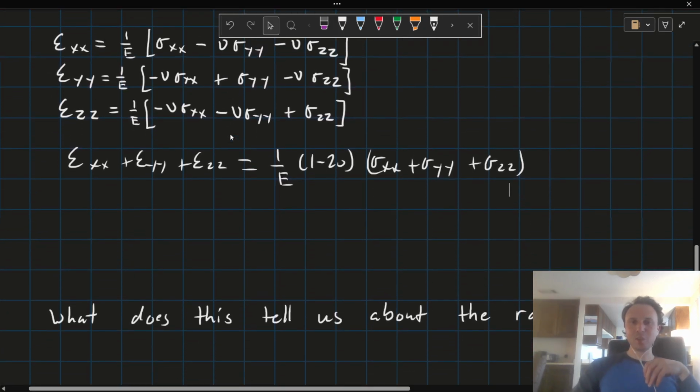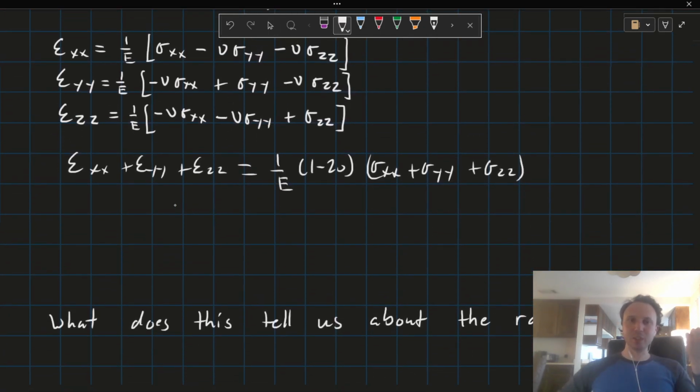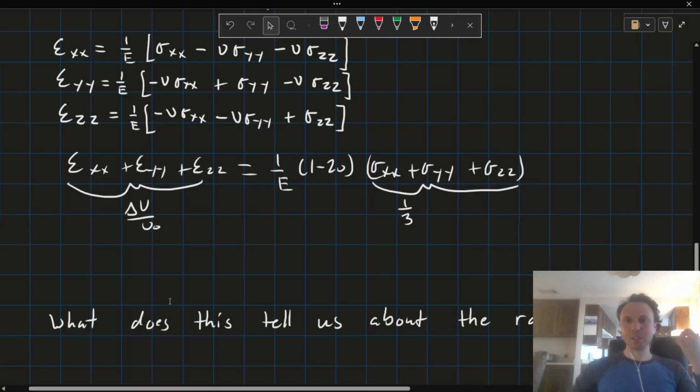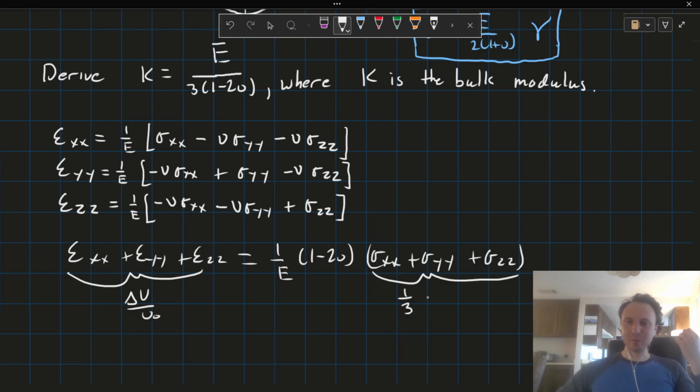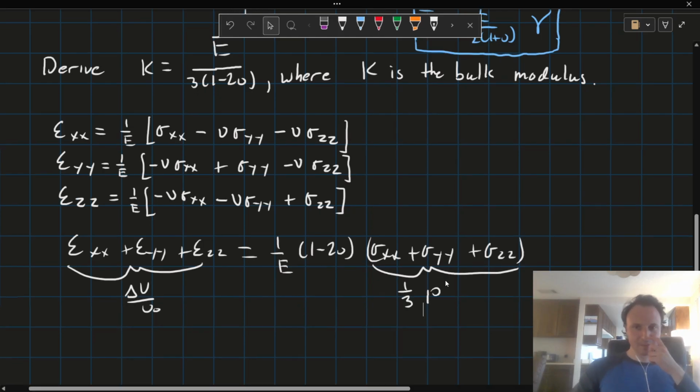Great. And so if you remember from class, one of the things we did was we said that this is the volumetric strain, so the change in volume over the initial volume, and this is the hydrostatic pressure. Technically, it's 1/3 of the hydrostatic pressure. Right?